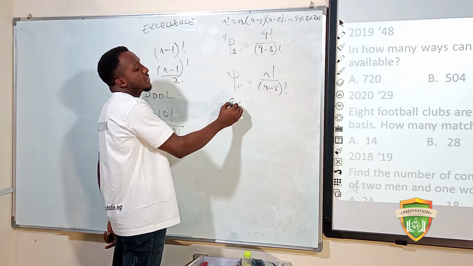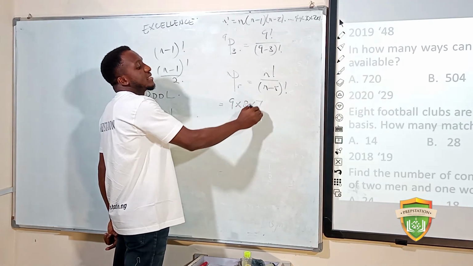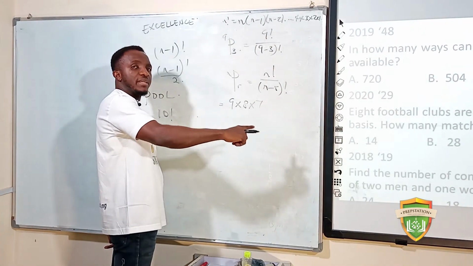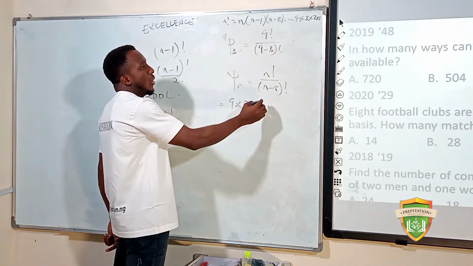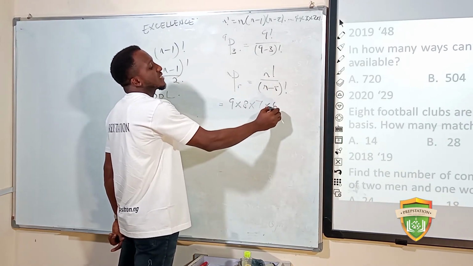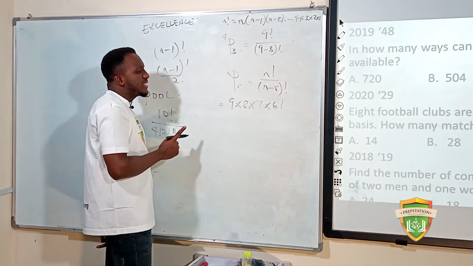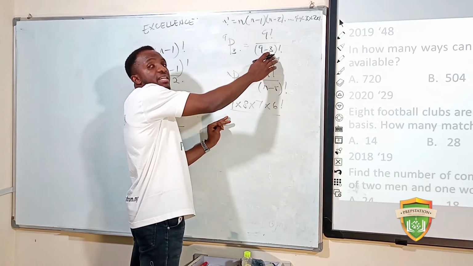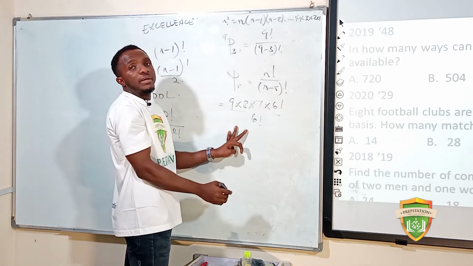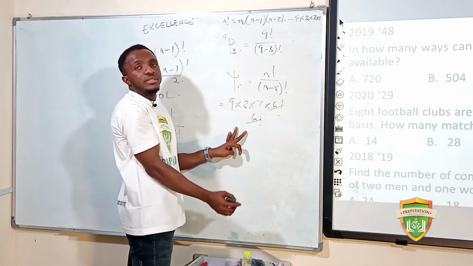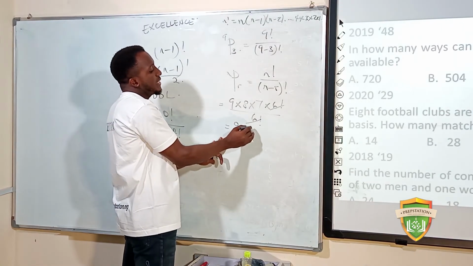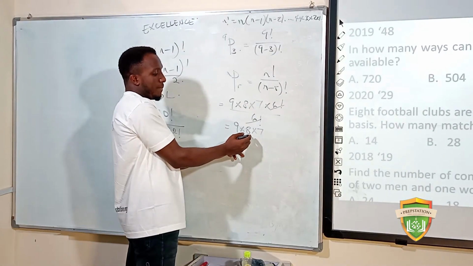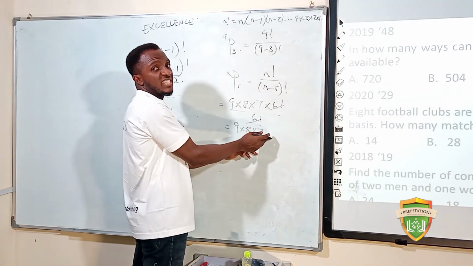This is 9 times 8 times 7, we're just doing successive multiplication down the line, times 6 factorial. Now, why did I stop here? Look at this. Go down. What do you have? 9 minus 3 is 6. So 6 factorial, because I want this to cancel this. So I'm left with 9 times 8 times 7.